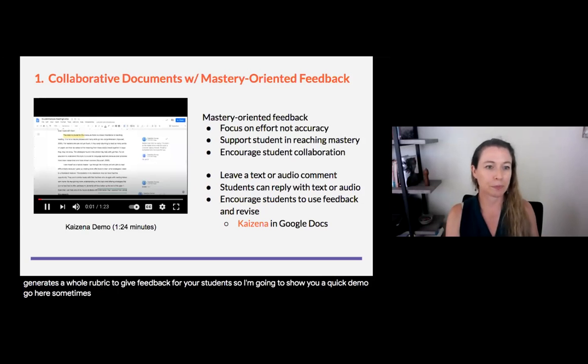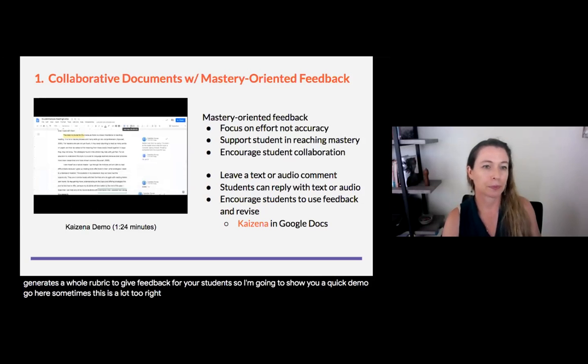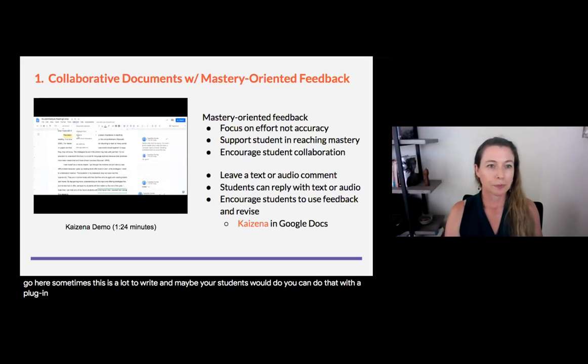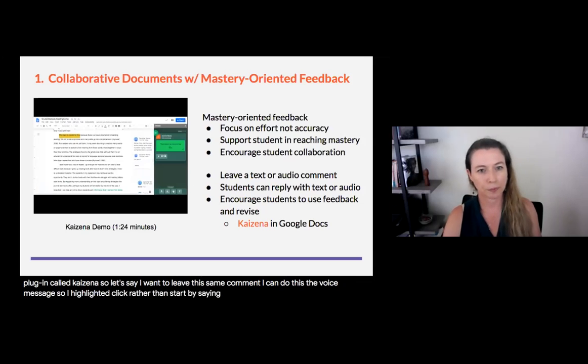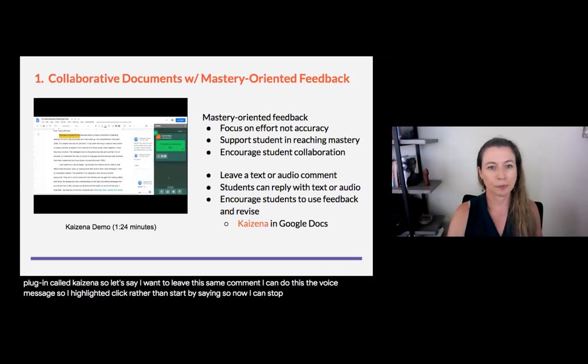Sometimes this is a lot to write in a comment, and maybe your students would do better listening. If you want to leave verbal comments, you can do that with a plugin called Kaizena. So let's say I want to leave this same comment. I can do this with a voice message. So I highlight it, click to record, and now I can stop and post.